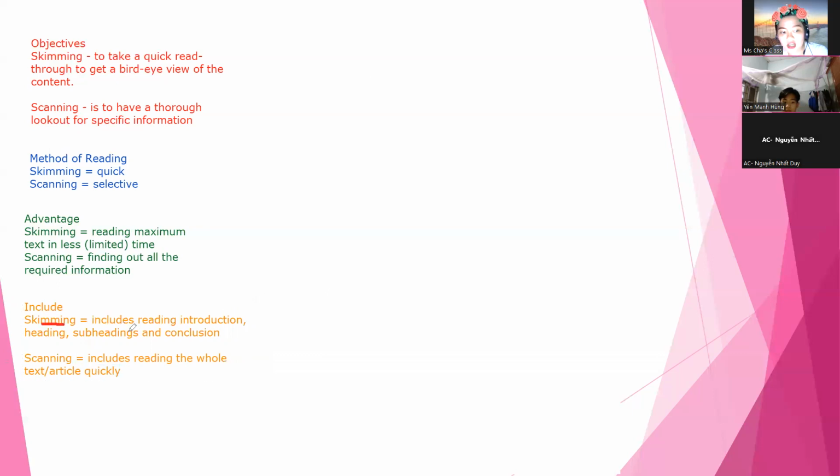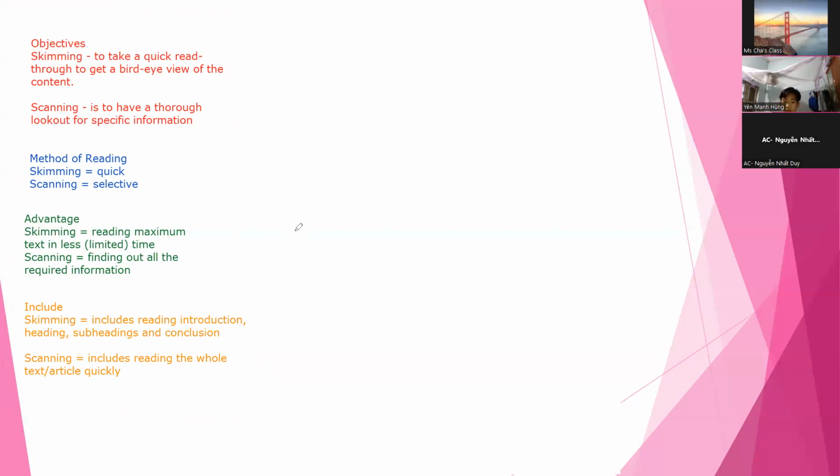In skimming, there are only a few things that we highlight because this is very quick. You just make use of reading the introduction, the headings, subheadings, and conclusion. Unlike with scanning, where you are finding out the required information, in here it is reading the whole text or article quickly. So these are the only things that you need to focus on or remember when we talk about skimming and scanning.